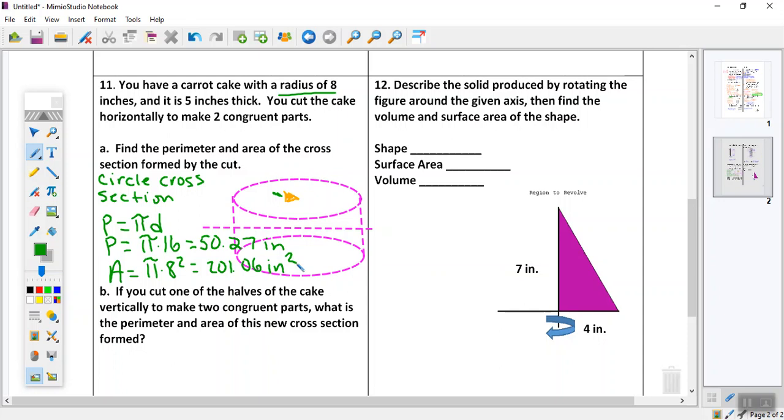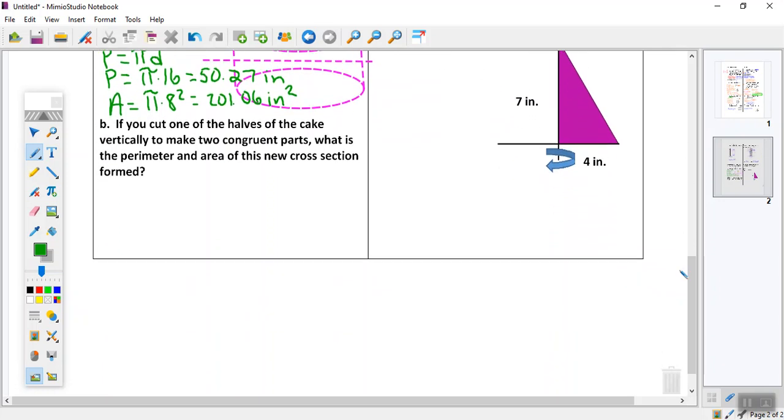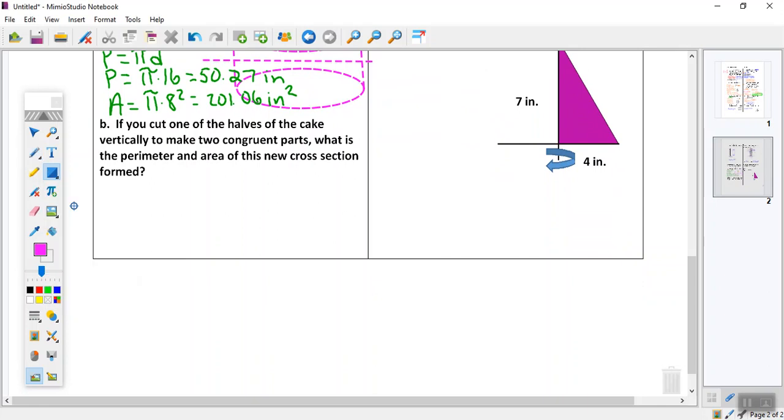If you cut it vertically right down the middle, making two congruent parts, what is the perimeter and area of the new cross section formed? Well, if you cut this vertically, it would be a rectangle. The top part would be like the diameter all the way across here. What was my diameter, kids? 16. What was the height still? 5.